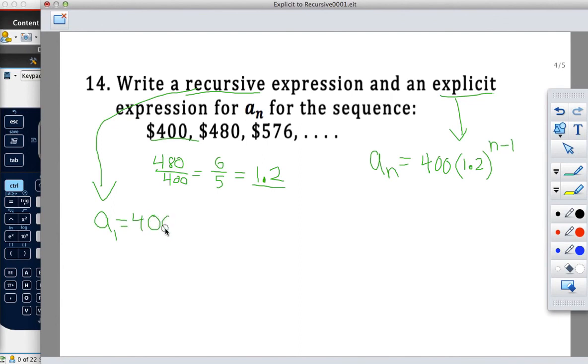Do not forget with the recursive formula, you have to include your first term there, your a sub 1. Okay, so you have 400, and then the regular equation would be a sub n equals my previous term, a sub n minus 1, times my common ratio of 1.2. Okay, so there are the two formulas.